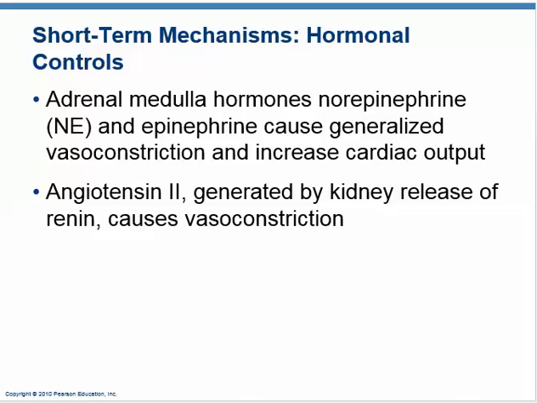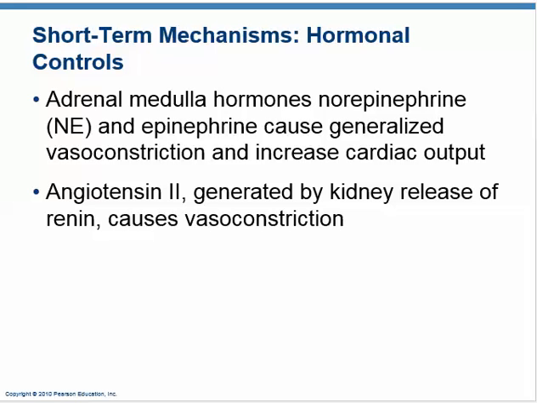The hormonal mechanisms are very important. There's a couple of them. Epinephrine and norepinephrine come from the adrenal medulla, and they cause vasoconstriction and increase cardiac output, so they raise blood pressure. There's another important hormone: angiotensinogen, an inactive form, is circulating in the blood at all times.